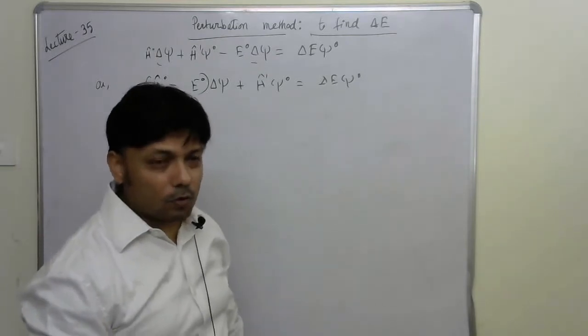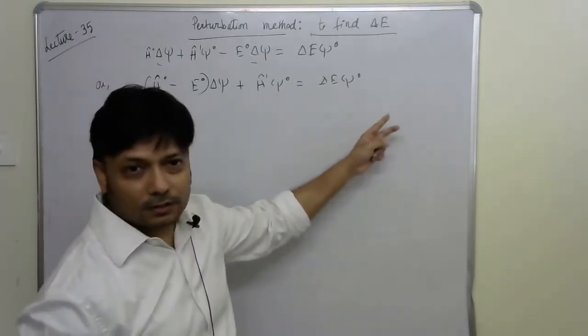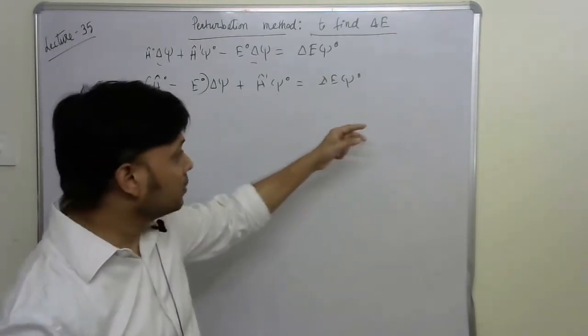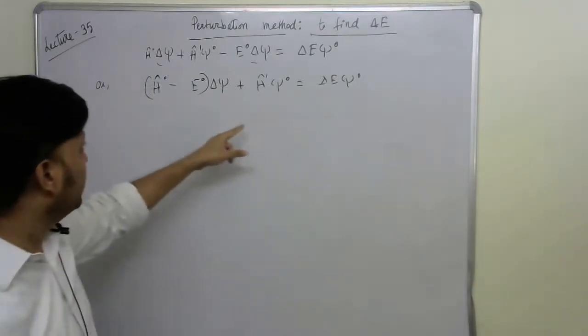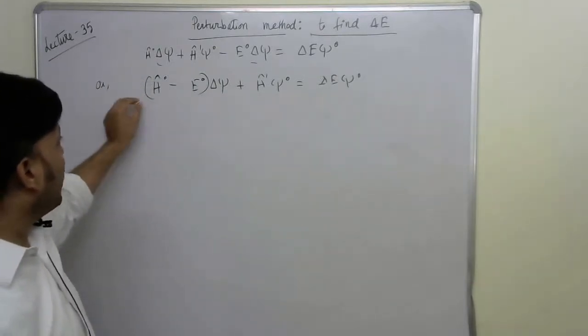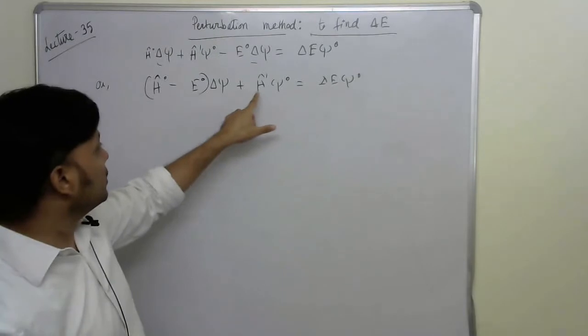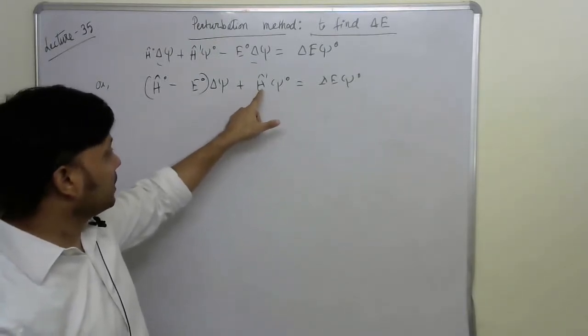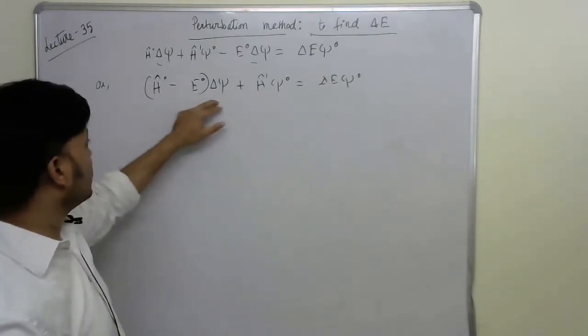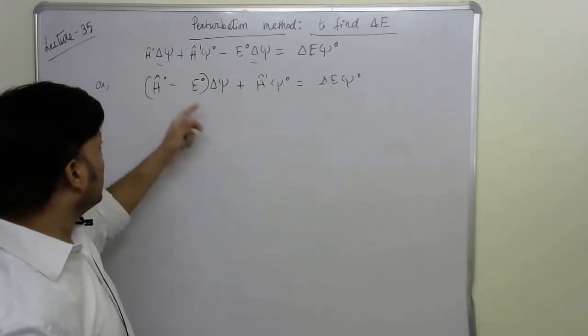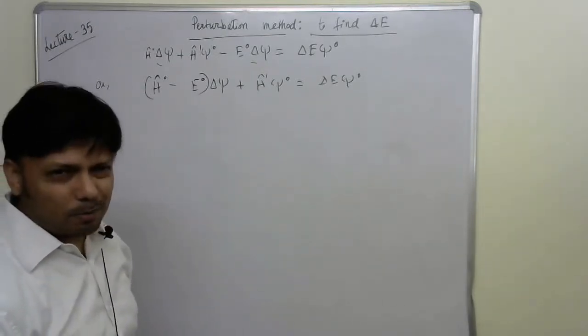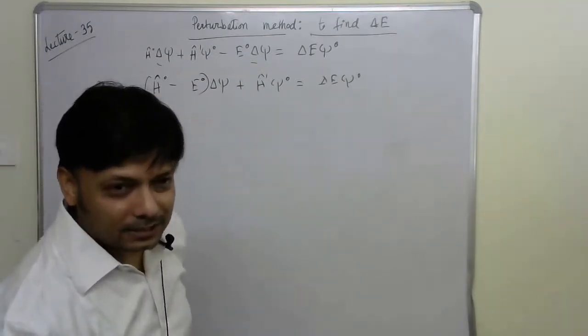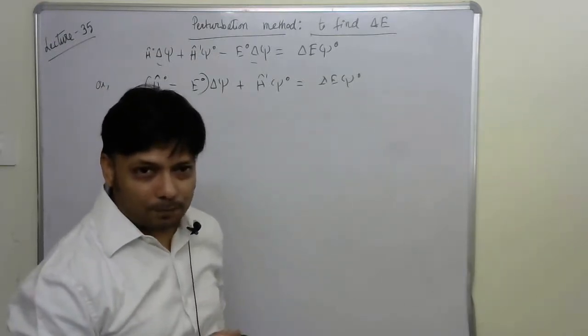You can tell, of course, we can divide both sides by psi naught, so that on the right side we have delta E, and on the left side we have this thing plus H1, and here we have something divided by psi naught. Okay, but would that solve our problem?